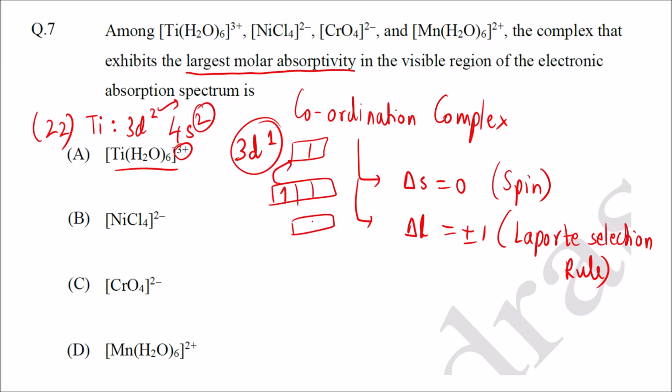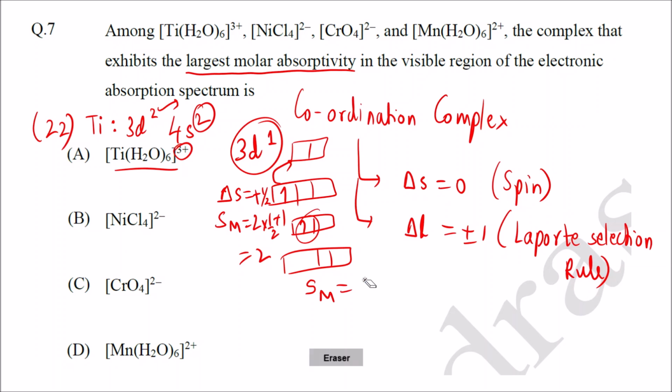After you do the d-d transition, overall spin is the same. Here also the total spin is half, so spin multiplicity will be 2 into half plus 1, that will be 2. Here also there is 1 spin, so spin multiplicity is 2. So delta S will be 0.